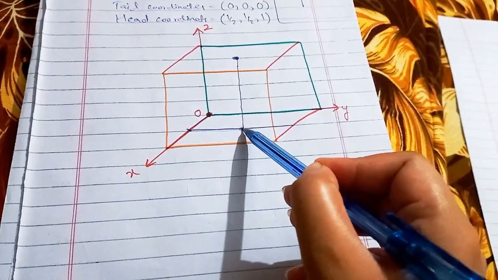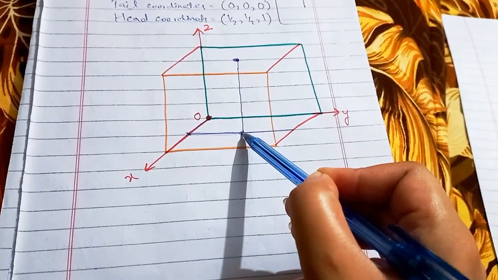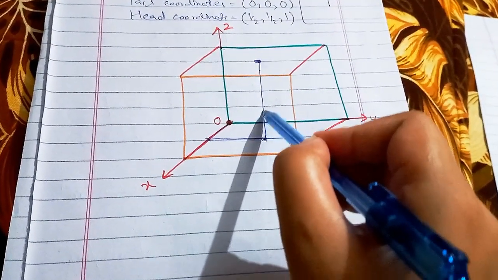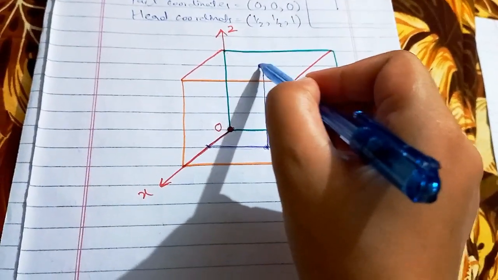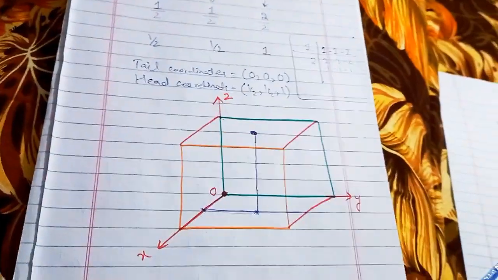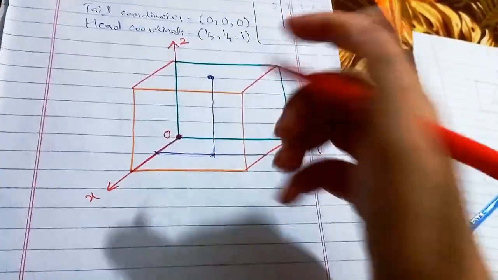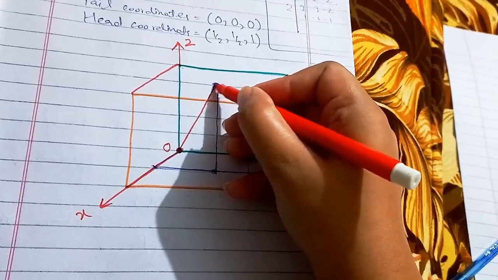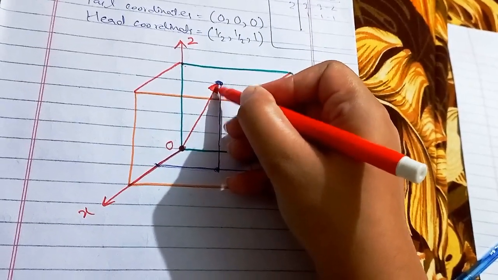It means this is at the center point of the floor, and this is the perfect center of the roof, so that you may imagine the atom. So this is the head coordinate and this is the tail. Joining them together gives us the direction.